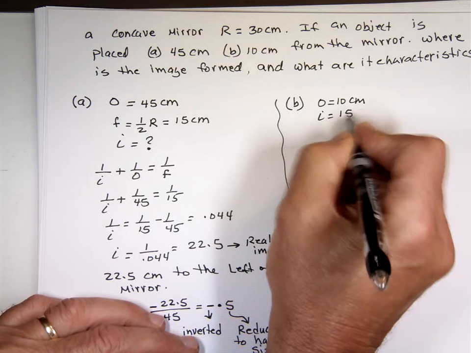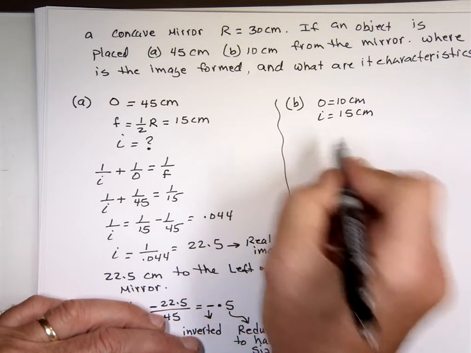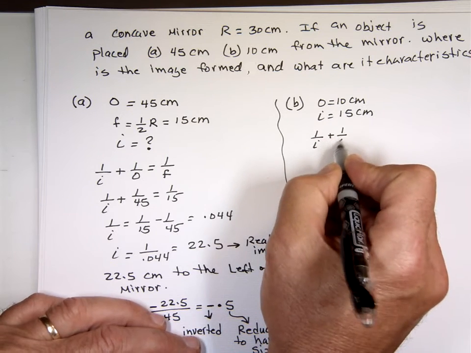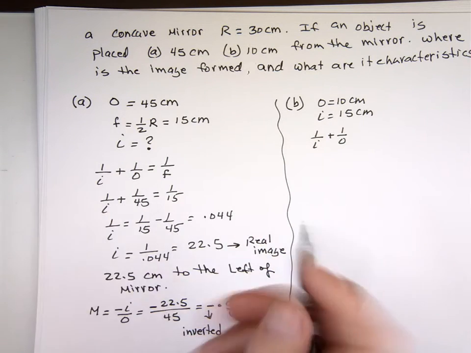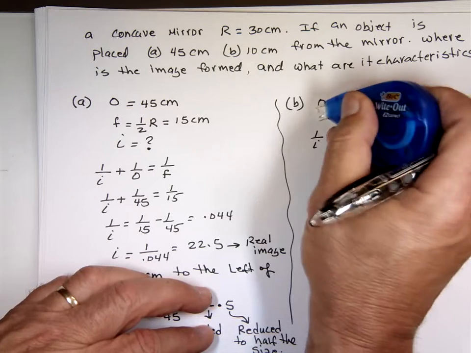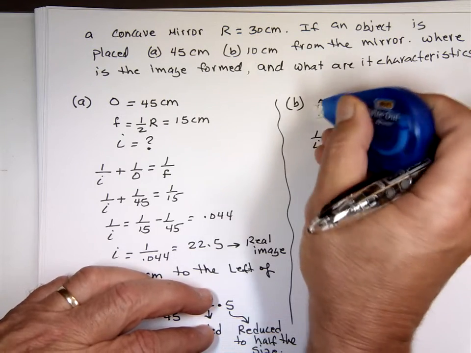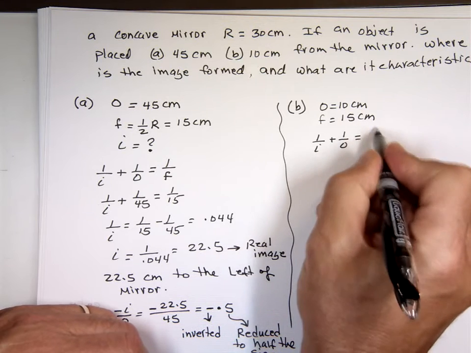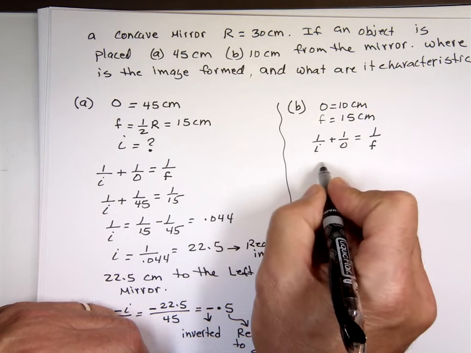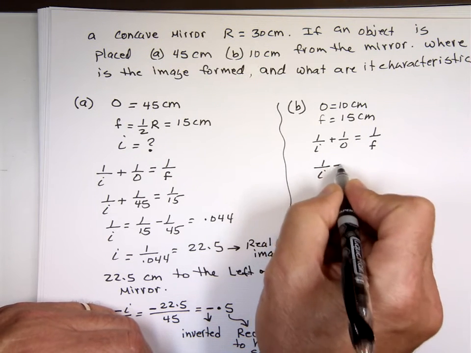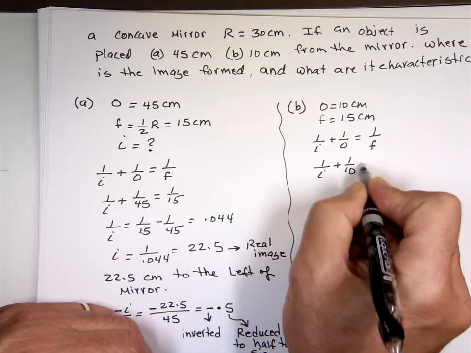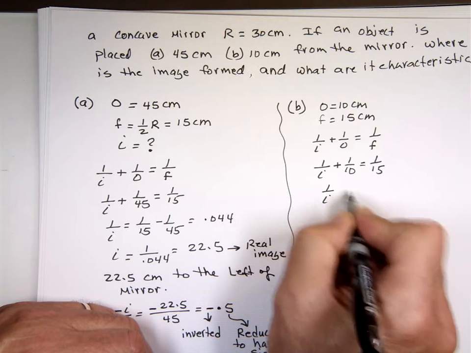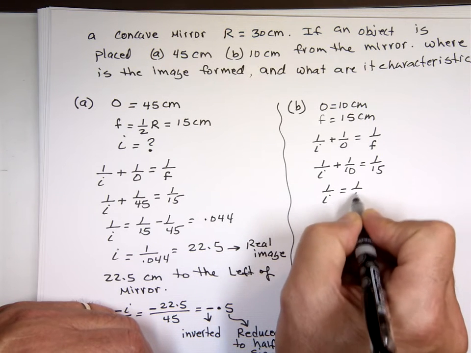And let's do the math. 1 over i plus 1 over, the focal point, not the image, is 15. I'm looking for the image. 1 over i plus 1 over 10 equals 1 over 15. 1 over 15 minus 1 over 10.